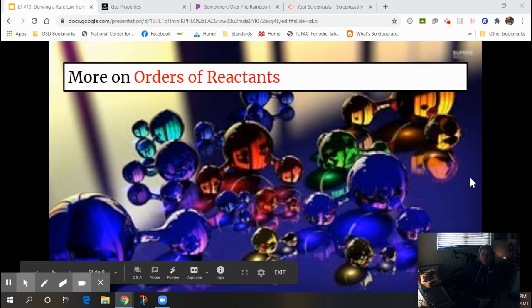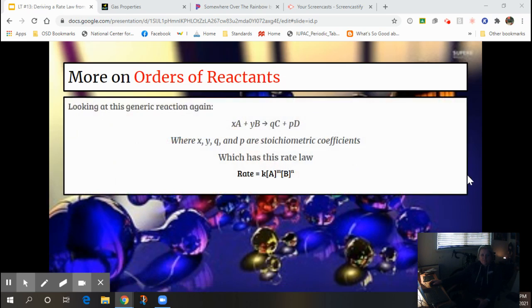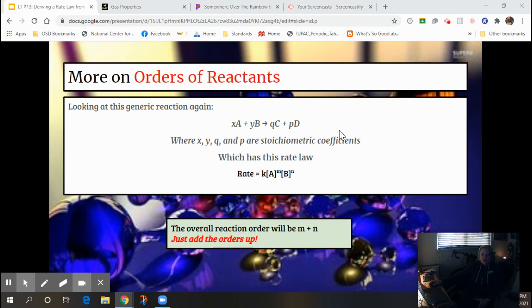Another thing about order of reactants, let's look at that generic equation again. This generic equation has this particular rate law. M and N are not X and Y in any way, shape, or form. If I want the overall order of reaction here, I just add up m plus n.